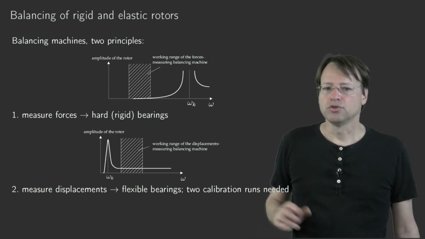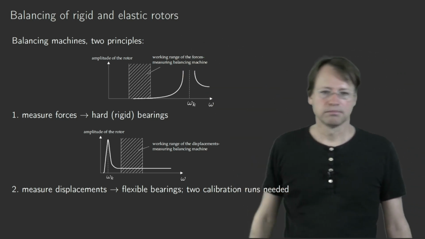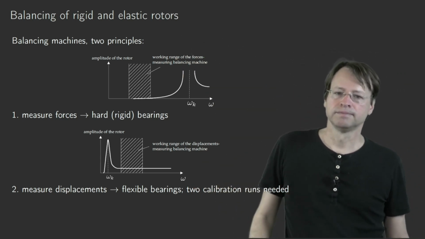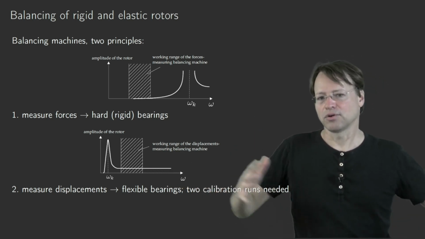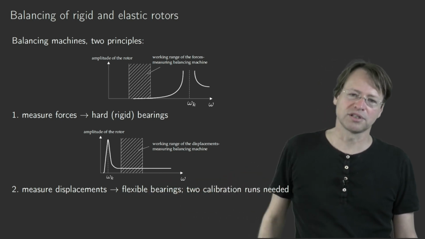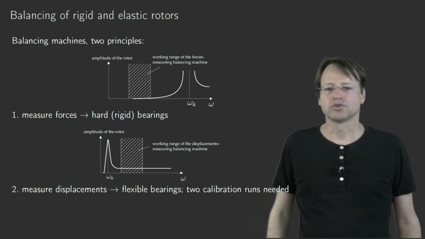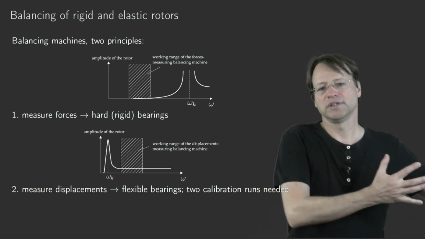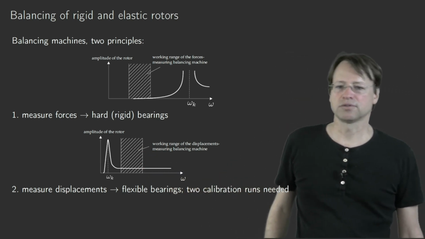That is, you don't want to interrupt your work or the whole process, whatever you want to do with that rotor, but there could be many things. You would, of course, like to constantly use your rotor, and you won't like to stop it, balance it, and then restart it again, and then have to pass through the resonance region and so on.